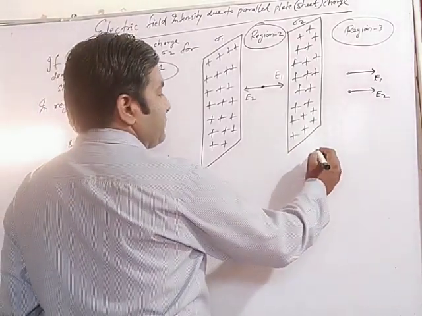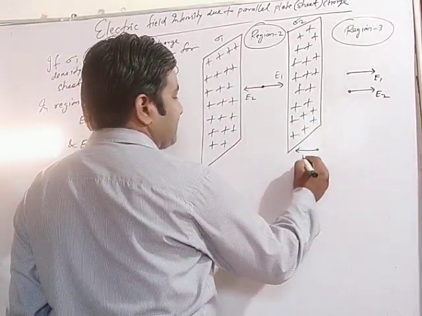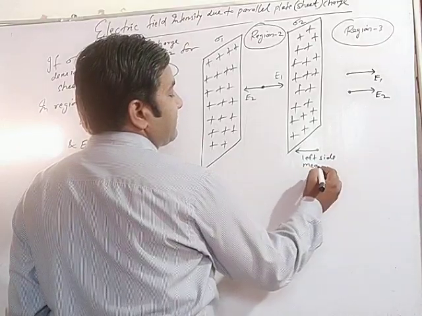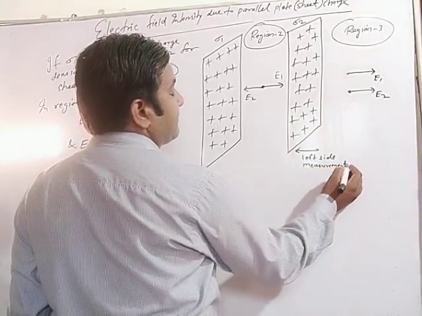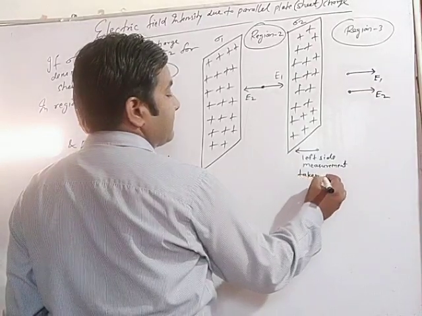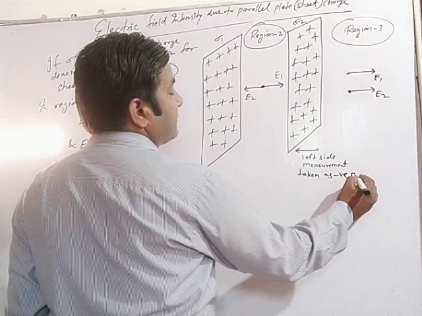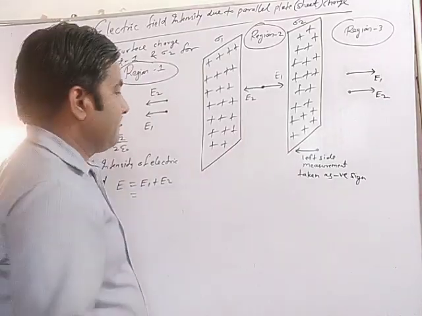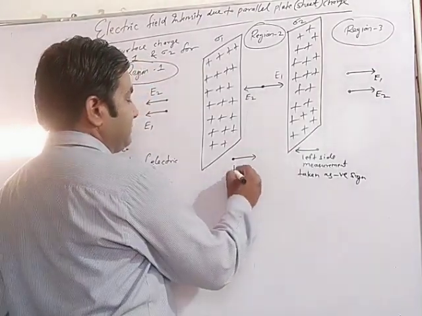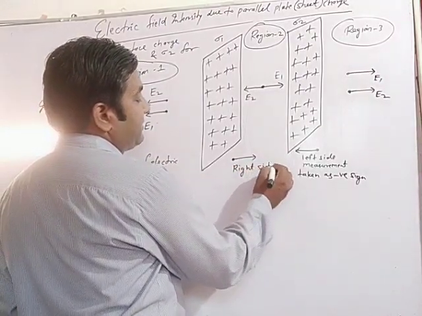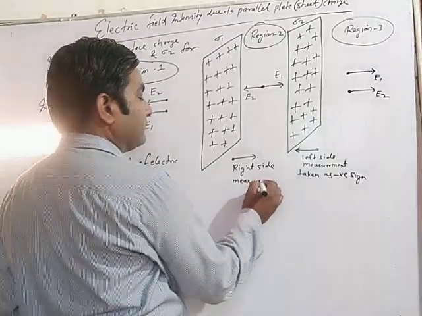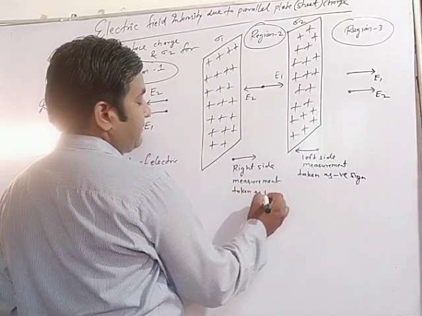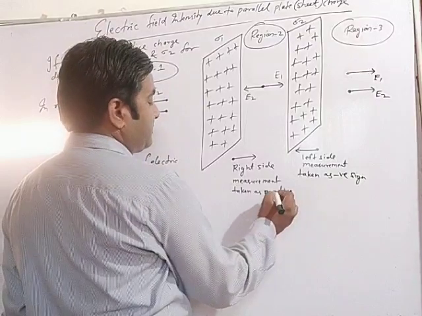We take the convention that measurement towards the left side is taken as negative sign, meaning when we measure towards the left, we adopt the negative sign, and when we measure towards the right side, it is taken as positive sign.